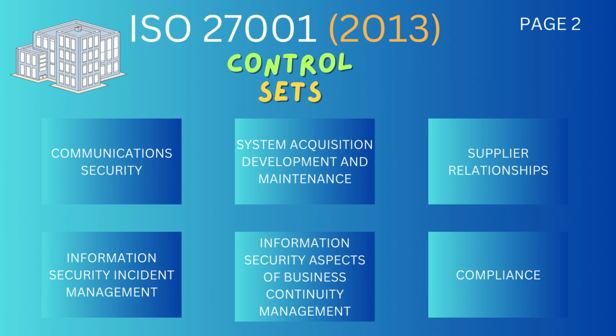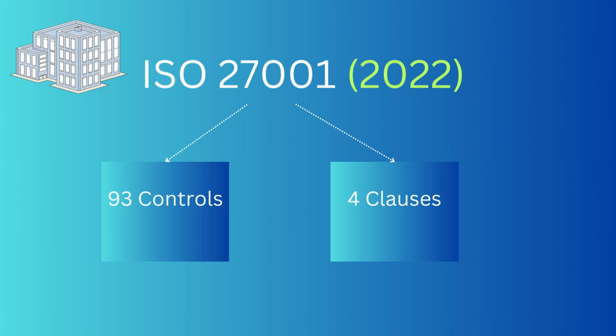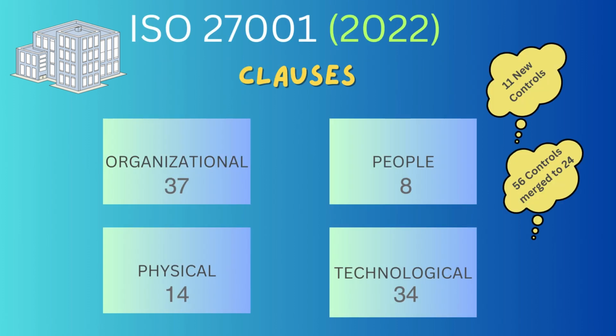Now that you have a fair idea of what was covered in the 2013 version of the ISO 27001, let us proceed with ISO 27002 version, which has 93 controls across 4 sections. Now, these 4 sections are organizational, people, physical, and technological. While the organizational has 37 controls, people has 8, physical 14, and technological has 34 controls.